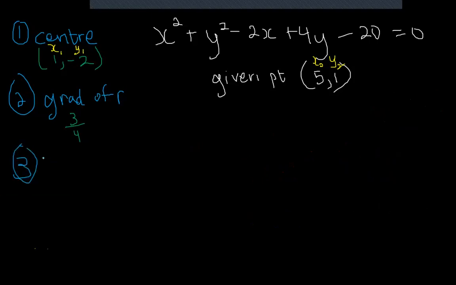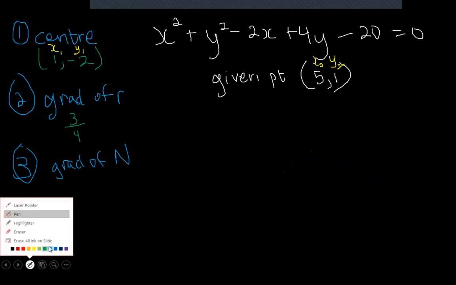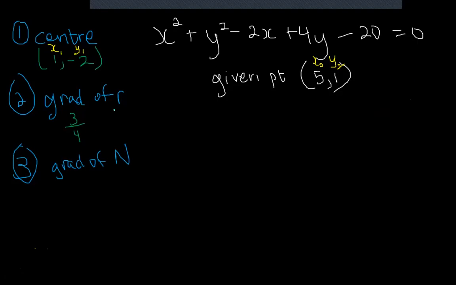So the third step when finding the normal is grad. Grad means gradient of normal. Just put capital N. Can anybody tell me what's the gradient of the normal? We know that R is 3 over 4. So what's the gradient of N? Three over four.